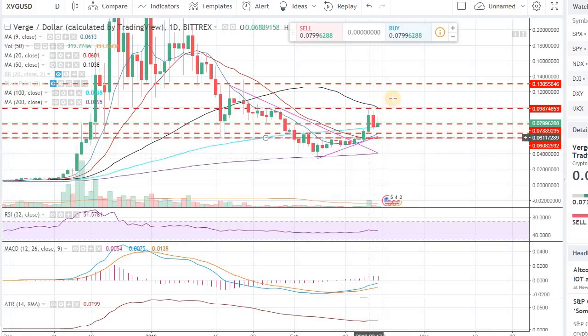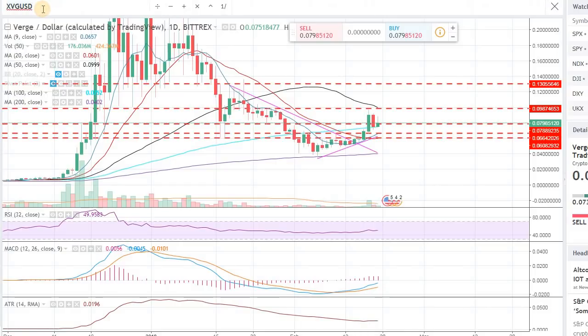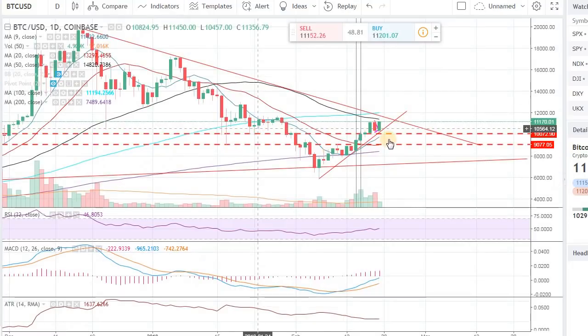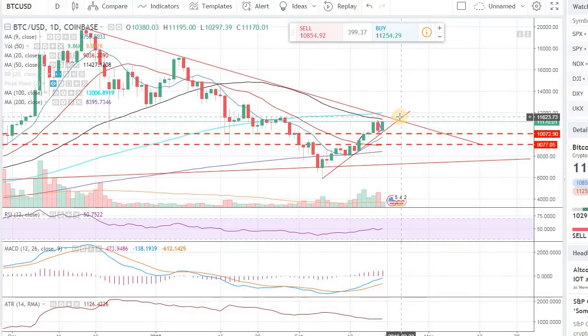On Verge, we are coming to that resistance point, so we want to see if we can get past it. The only problem I'm seeing right now is BTC. If I look at BTC, it's coming to a major resistance around 11,400.